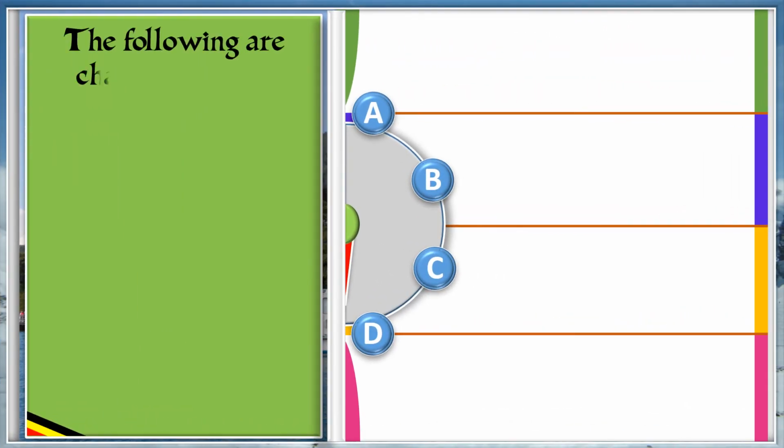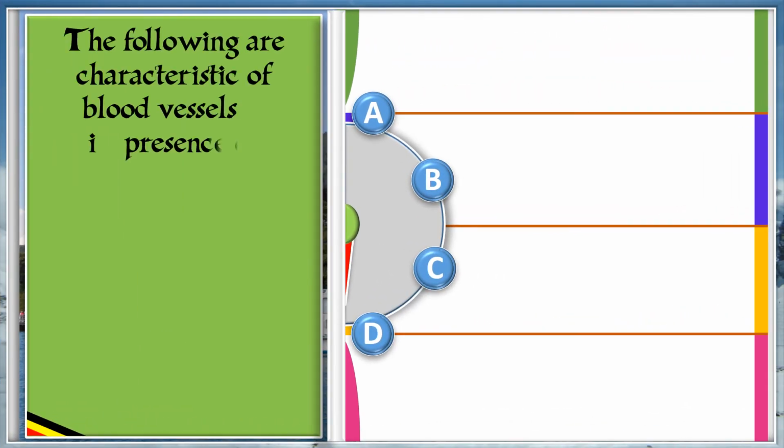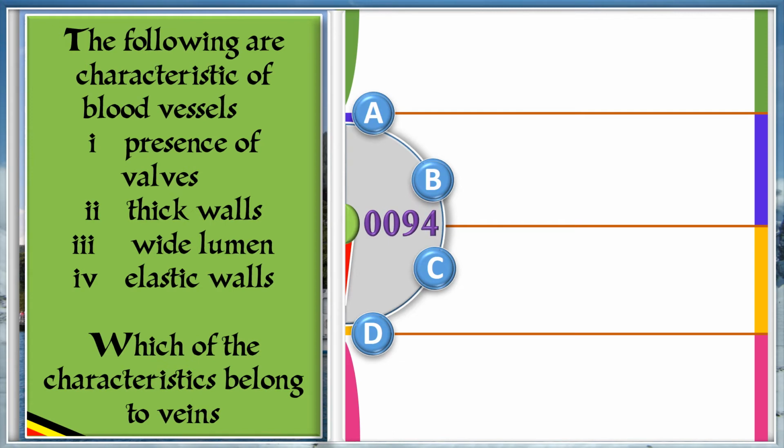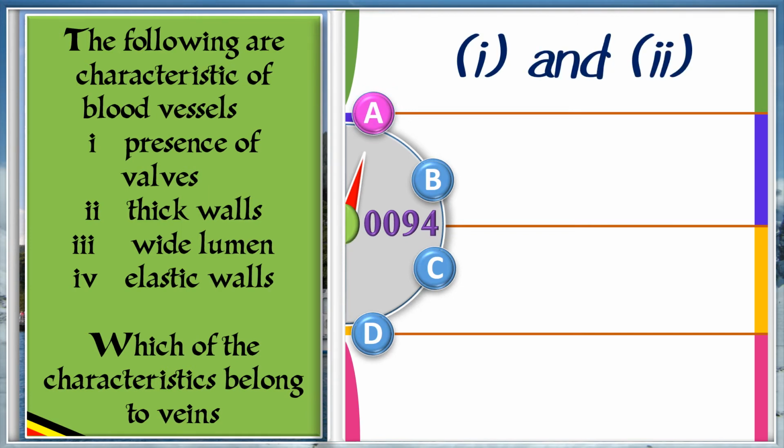The following are characteristics of blood vessels. 1. Presence of valves. 2. Thick walls. 3. Wide lumen. 4. Elastic walls. Which of the following characteristics belong to veins? A. 1 and 2.